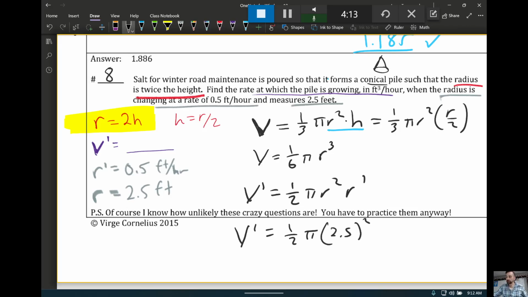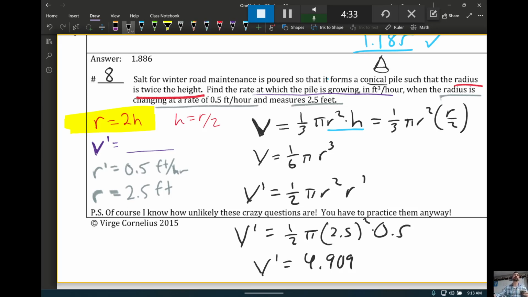So then you plug in your r, plug in your r prime, throw all that in your calculator, round to 3 decimal places, and it should come out to be 4.909. This is pretty common for cone questions.